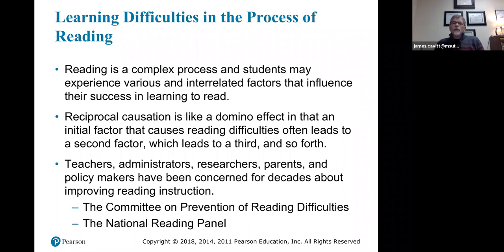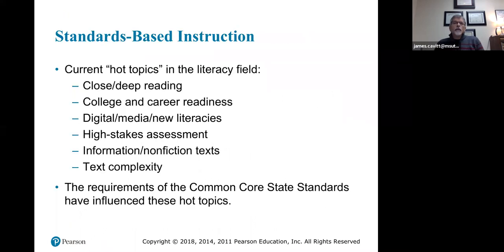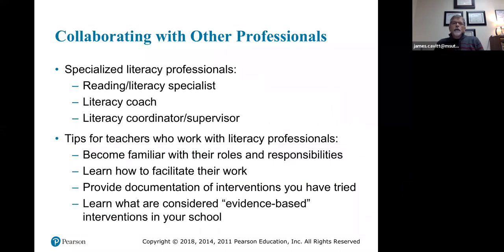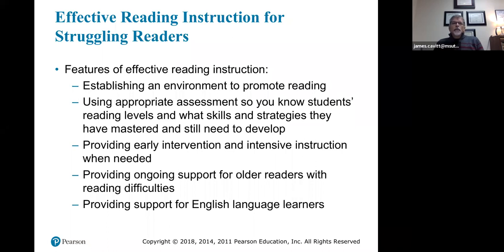The National Reading Panel has the big five. I think these are some of the pieces about standards-based instruction. There are reading specialists and literacy coaches. Some of them work in RTI, the multi-tiered systems of support. What you want to do as a teacher is establish an environment that promotes reading and literacy, with a lot of words and a lot of visuals.